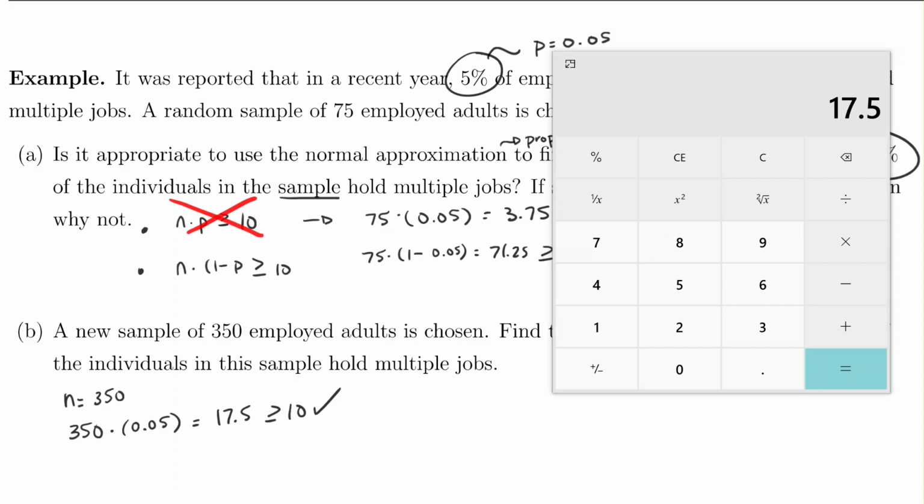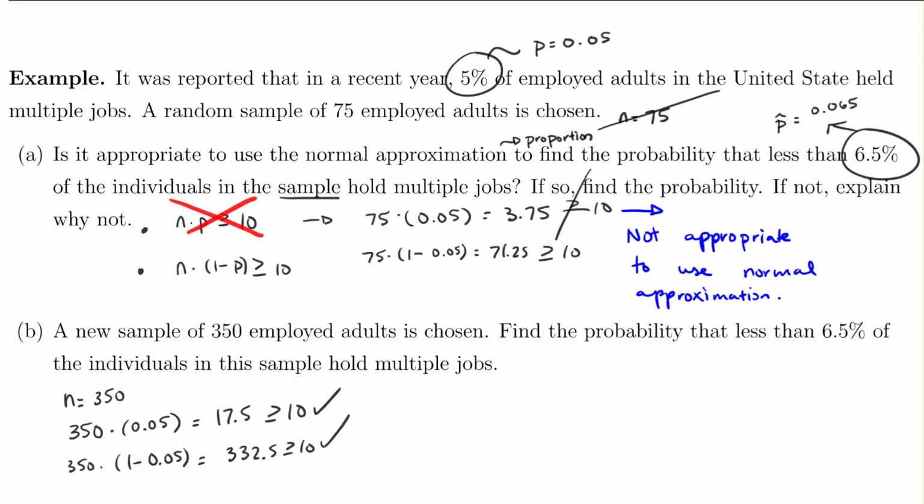We're good so far. I need to check both. They both must be true. 350 times 1 minus 0.05. That's 350 times 0.95. 332.5, clearly greater than or equal to 10. The fact that both of these are correct tells me that I can use normal approximation.